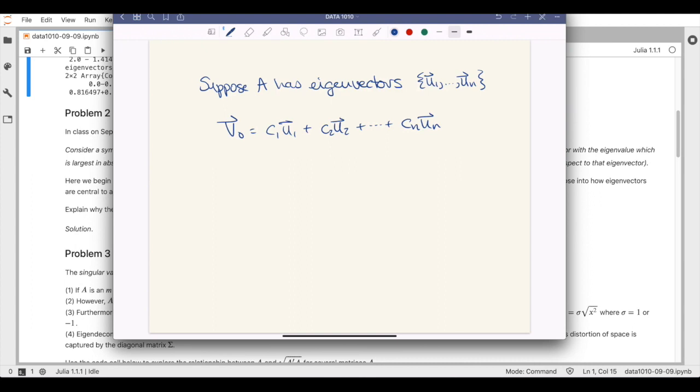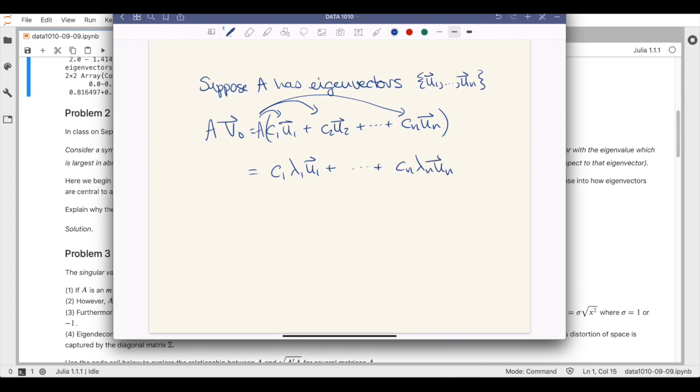So if we apply it once, then A is going to distribute across these terms because A is a linear transformation. And when A hits each of these eigenvectors, it's going to kick out the corresponding eigenvalue, because A times any eigenvector is equal to that eigenvector times the eigenvalue. So we're going to get c1 lambda 1 u1 and so on up to cn lambda n un.